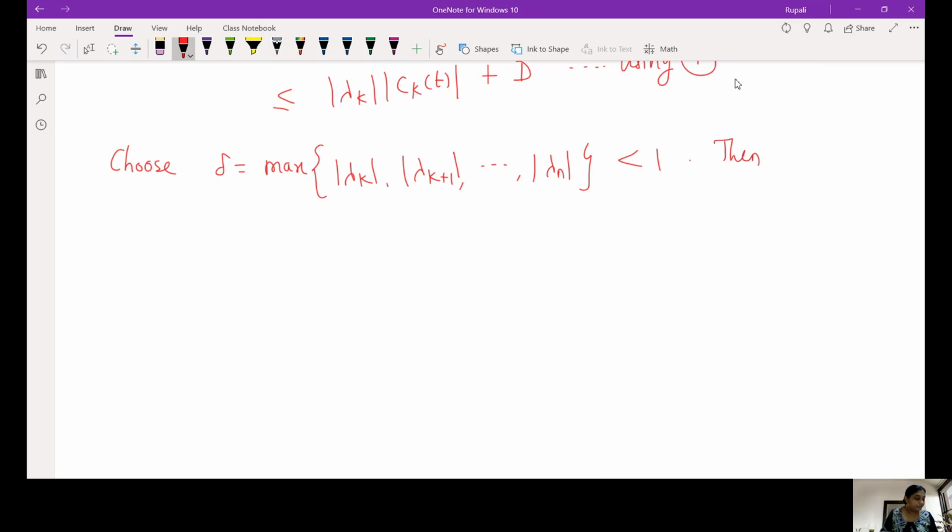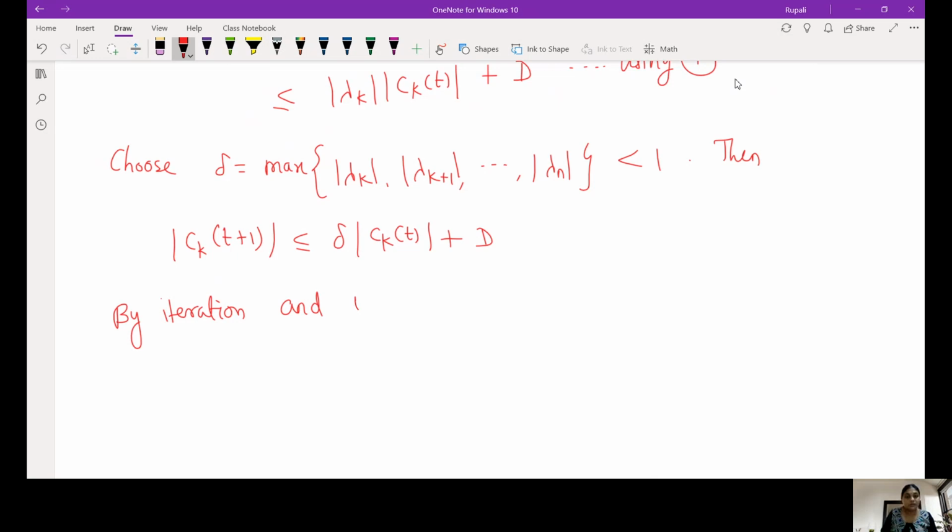Then because the spectral radius is less than 1, we have |Ck(t+1)| less than or equal to delta times |Ck(t)| plus d.